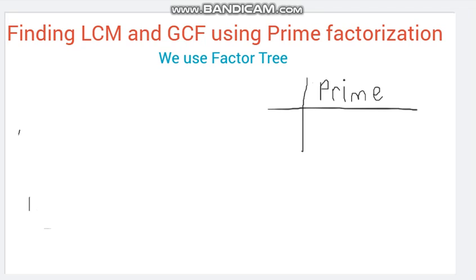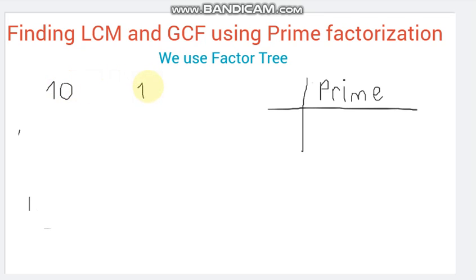Okay, so always remember when you do factoring, we can use a factor tree. Now, let's learn what a factor tree is. For example, let's say we have number 10 and number 12.